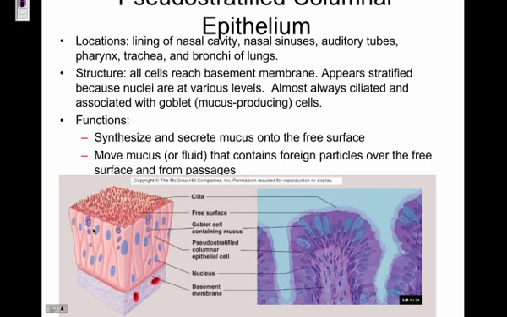It might be really thick towards the top and really thin on the bottom, so it gets smushed by the other ones, but it's actually reaching from the basement membrane all the way to the top. Like this one right here, you can see it goes from the basement membrane to the free surface. So it is pseudostratified. All these blue things are goblet cells associated with it.